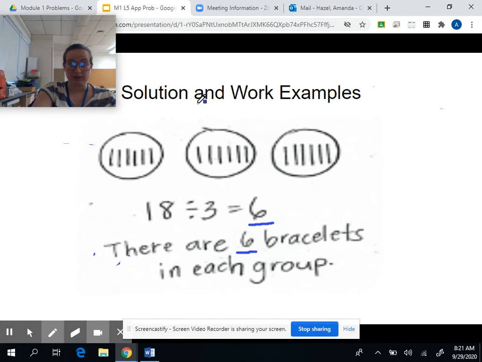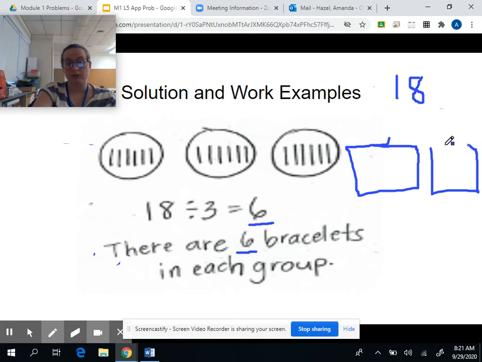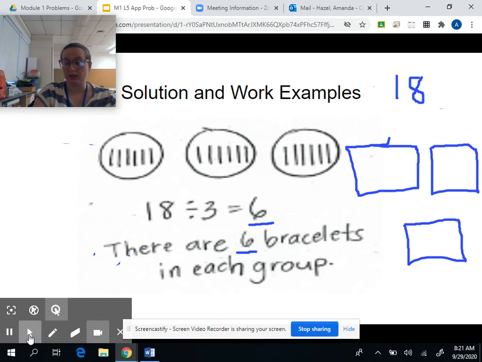So this person had 18 in their brain. They drew out 3 circles or 3 squares and split it up that way, right? Making sure everybody got a fair share. So remember, you do this by giving 1 to each group at a time until you get to 18.